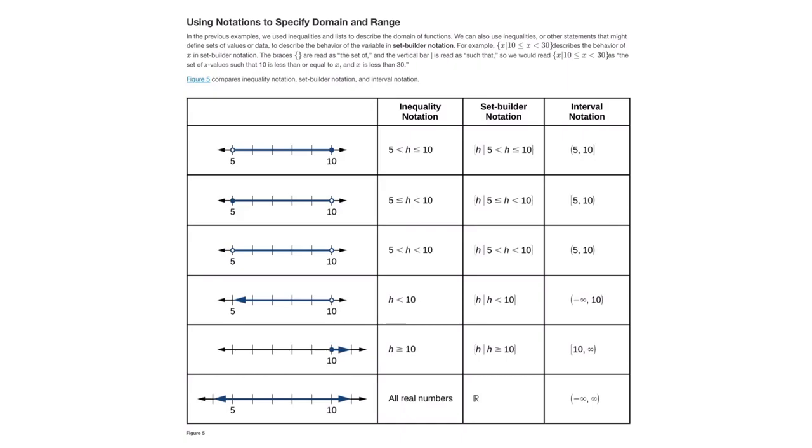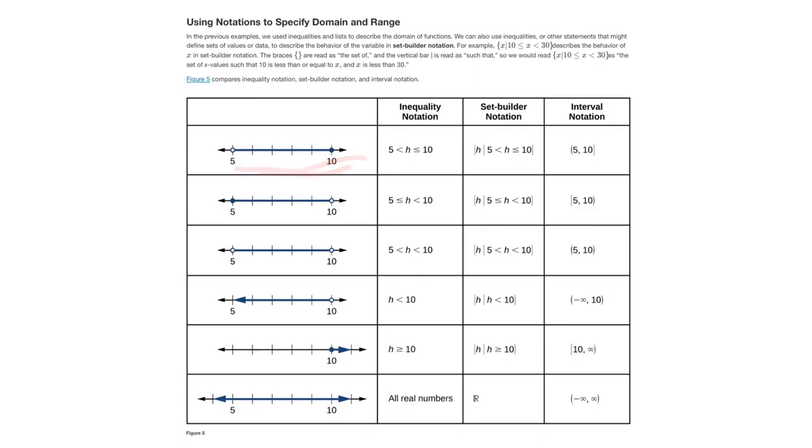Inequality notation: h is strictly greater than 5, but less than or equal to 10. And then set builder notation. So, for instance, when we were solving, we would get a result something like this, then we would create the corresponding graph, and we would finish with the interval notation, right? We'll keep exploring these as we go along.